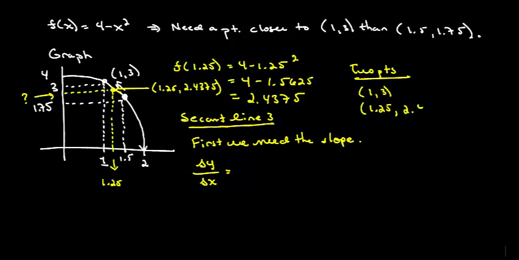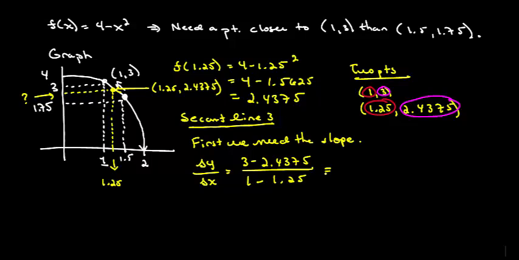So if I grab these 2 points, the change in the y value is going to be 3 minus 2.4375. That's this guy minus this guy. Now we have to be consistent. We use the top, so we have to use the top here. So we're going to go 1 minus 1.25.